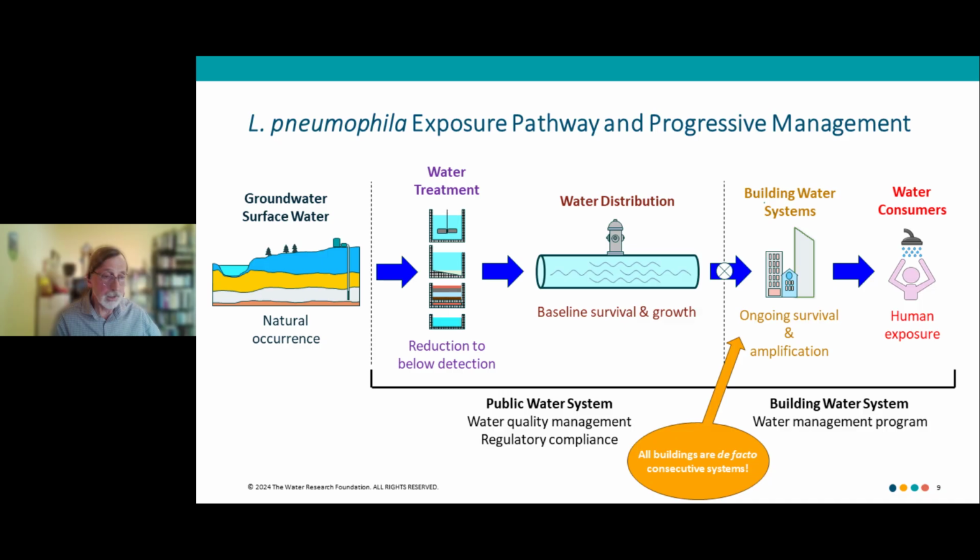The challenges to Legionella risk management here are that, number one, the risks are manifest in buildings and outside the control of the water utilities. There are things water utilities can do, but they cannot do what the building community would like, which is to serve sterile water with no organic carbon to the buildings.